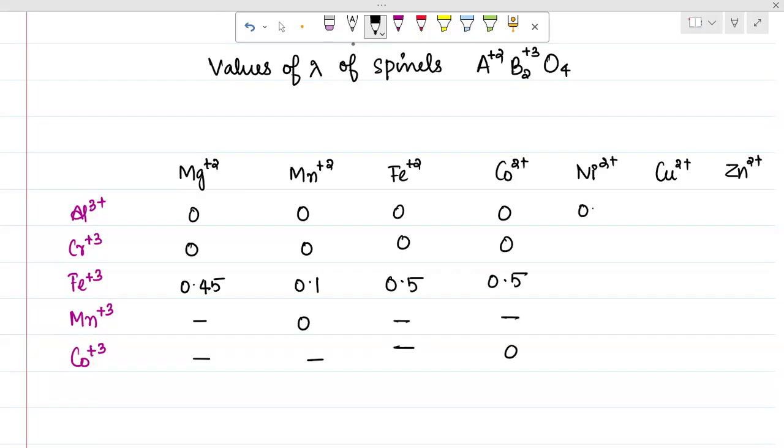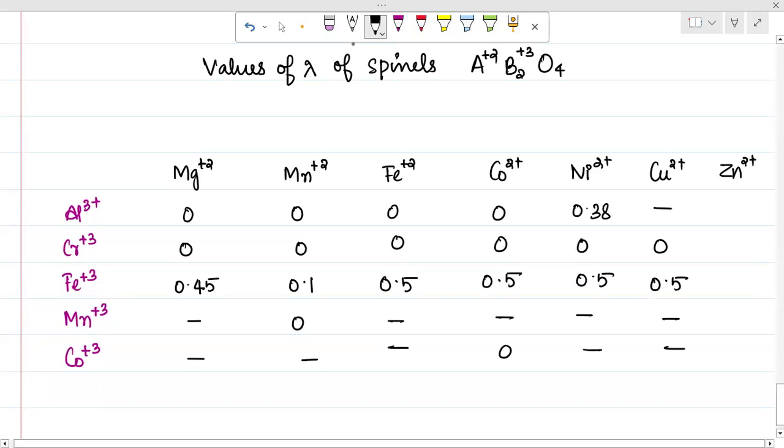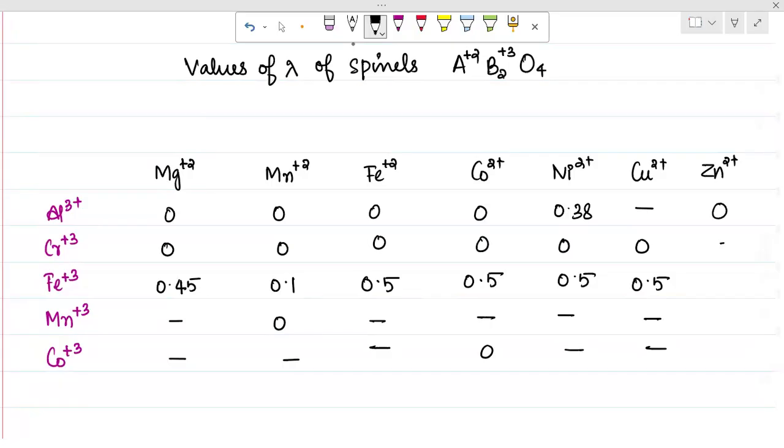Under nickel, 0.38, 0, 0.5, no values. No value, 0, 0.5, none. And then you have got, this is the table.